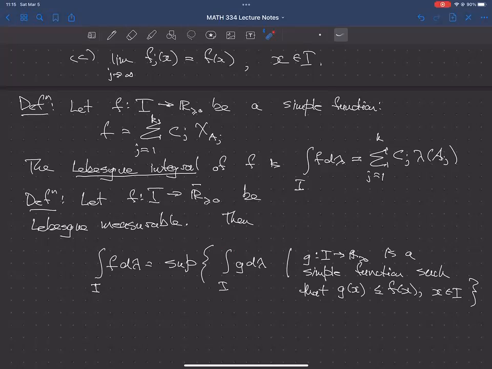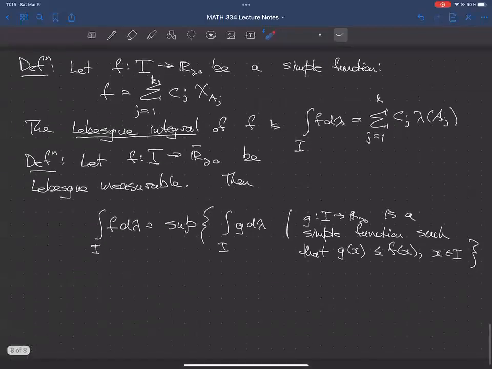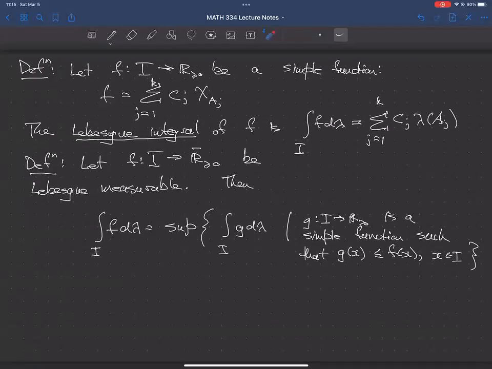You can imagine doing this by taking a sequence f_j from this fact, calculating the integral for each f_j according to that rule, and then taking the limit as j goes to infinity. That'll get you the same thing. All right, so that's the Lebesgue integral.